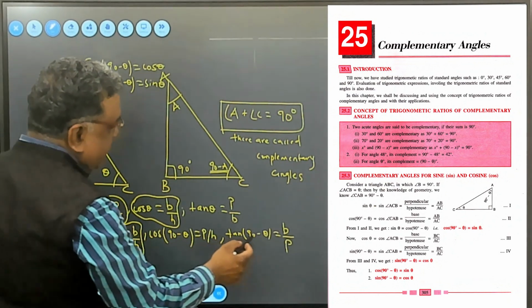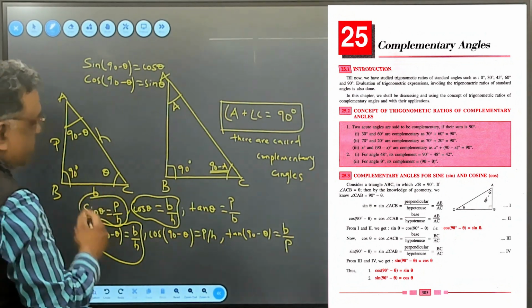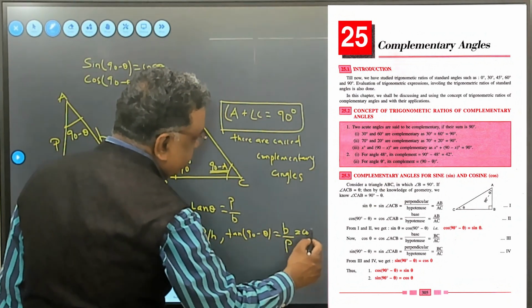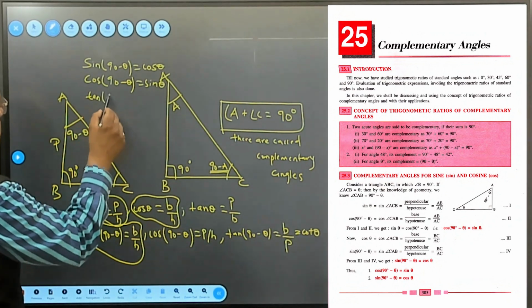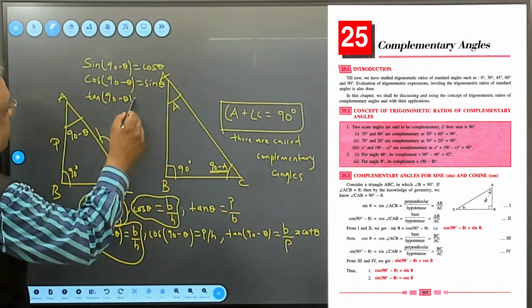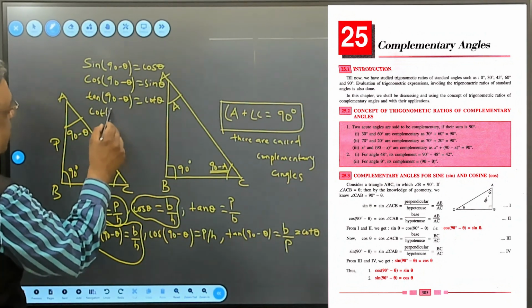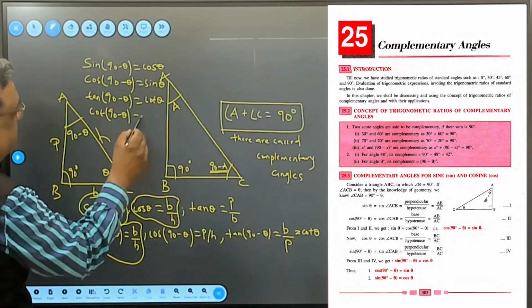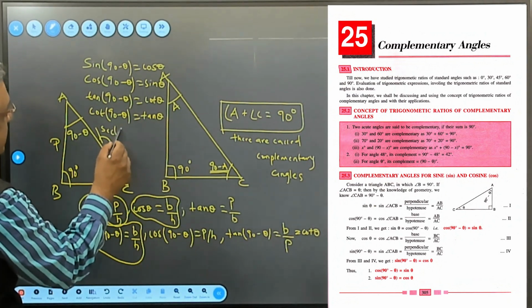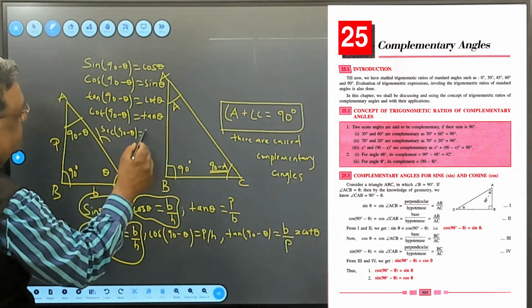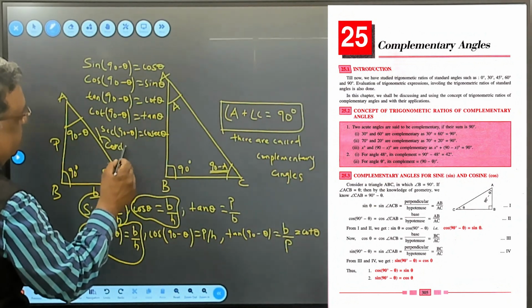It is B upon P, and B upon P is nothing but cot theta. So tan 90 minus theta is cot theta. Similarly, cot 90 minus theta is tan theta. Similarly, sec 90 minus theta is cosec theta, and cosec 90 minus theta is sec theta.